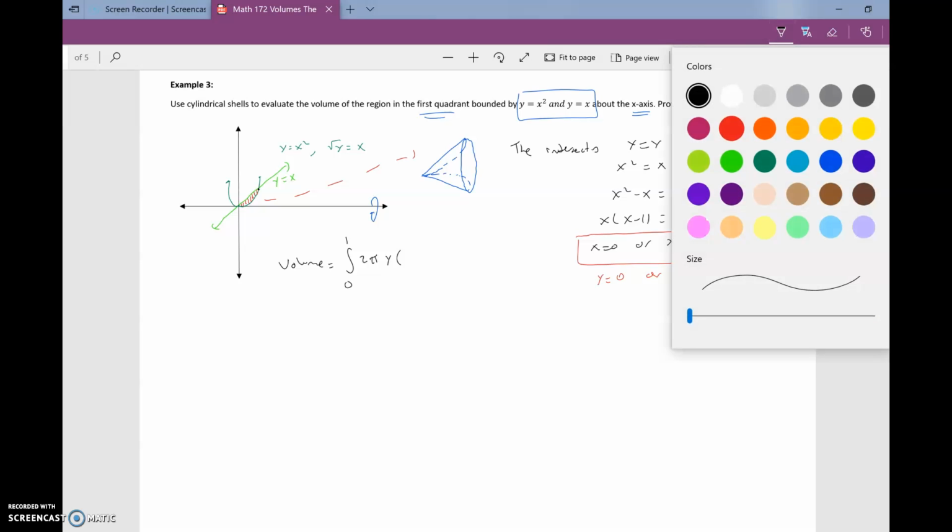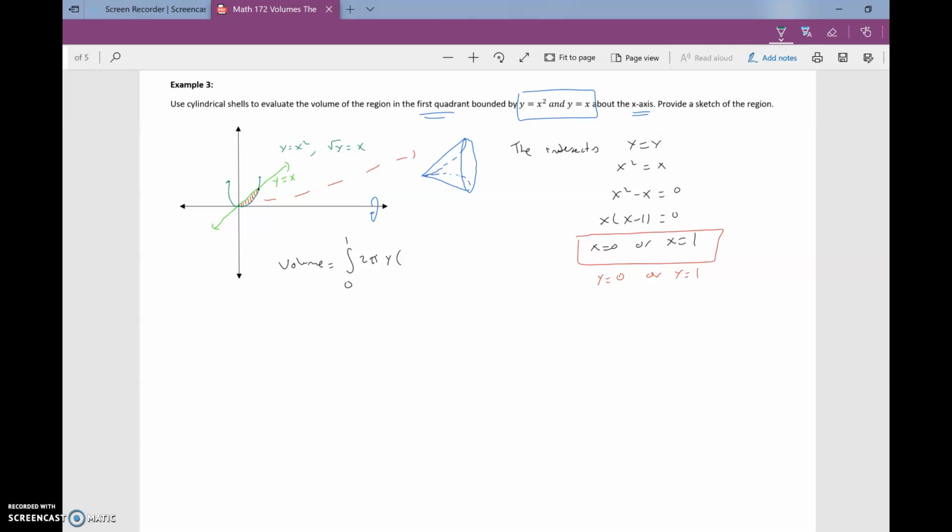So your shell is actually going in this direction, from here outward. So the maximum value is given by the square root of y minus y. That is technically the height of a shell, and this will be dy.